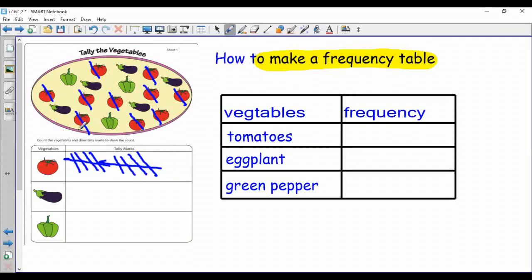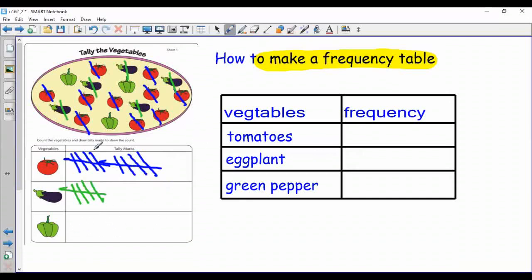What about the eggplant? I have one eggplant here, one tally. One eggplant here, another tally, and so on. And the fifth one is a cross. Okay, I have no more eggplants.